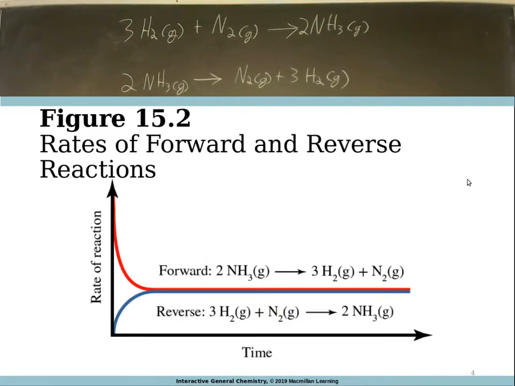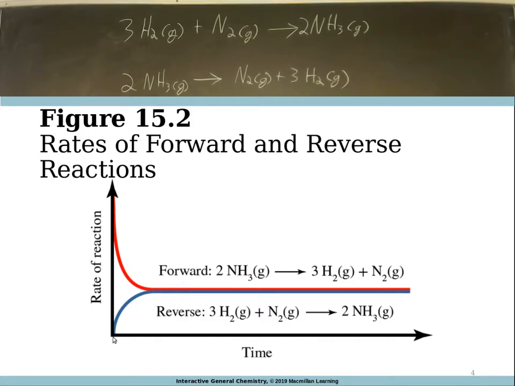If we were to consider the rate of reaction, if we start with pure ammonia, then that is shown in figure 15.2. The rate of the forward reaction, ammonia decomposing into hydrogen and nitrogen, will start very high, and as the ammonia gets consumed, then its reaction rate will slow down until it approaches that equilibrium value.